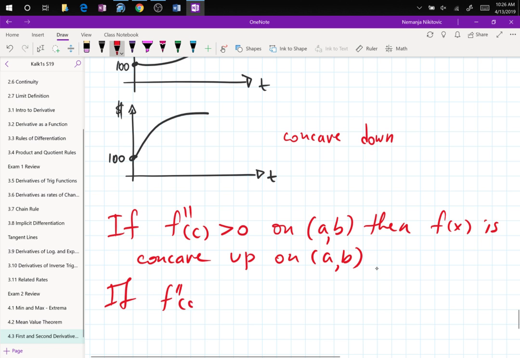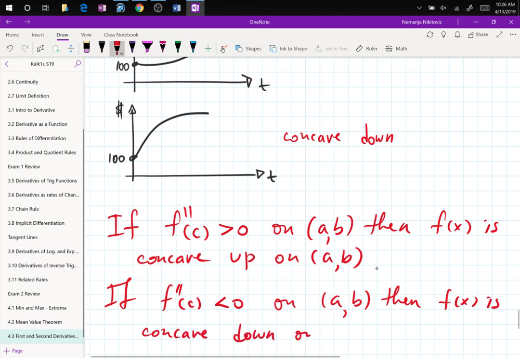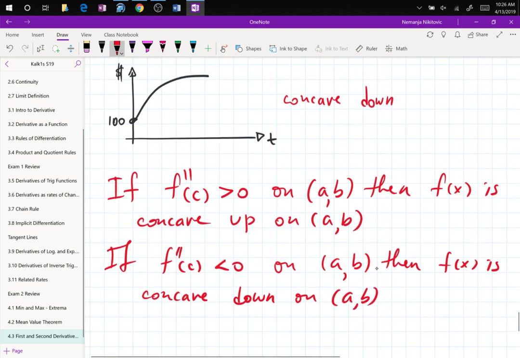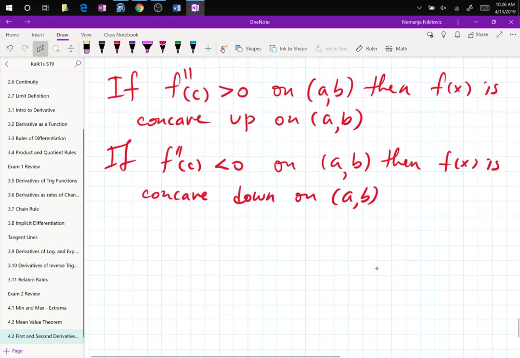If the second derivative of c is less than 0 on a, b, then f of x is concave down on a, b. And finally, we get to see that third mysterious point. If f double prime of c is equal to 0, then x equals c is what we call an inflection point.